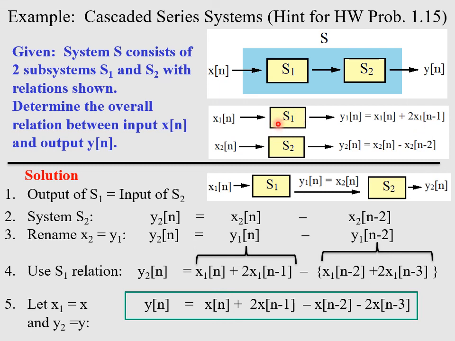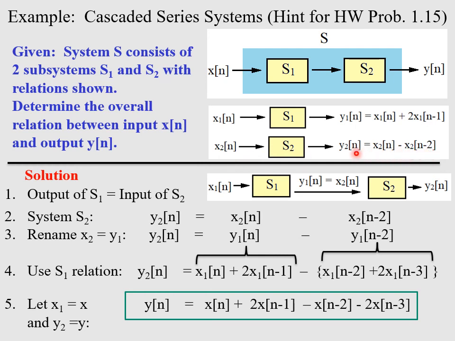So whatever's inside this yellow box is doing this mathematical function on the input. It's taking the input and adding twice the input, which is delayed by 1. Likewise, subsystem S2 has a slightly different characteristic. Its output is equal to its input, x2 of n, coming in, minus x2 of n minus 2.